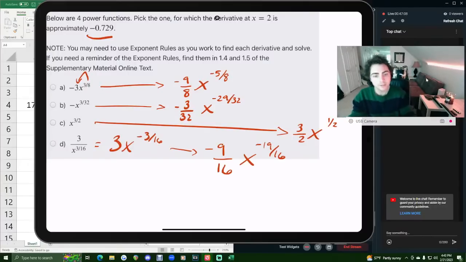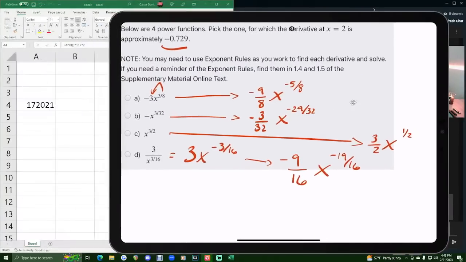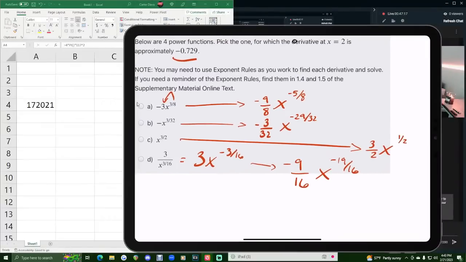Now we're just going to plug in 2 to each of these. Let's see if we can use Excel to the best of our abilities here. I'm just going to plug a 2 in right here. I'm going to input each of these derivatives in order and then click on 2 wherever we see x.